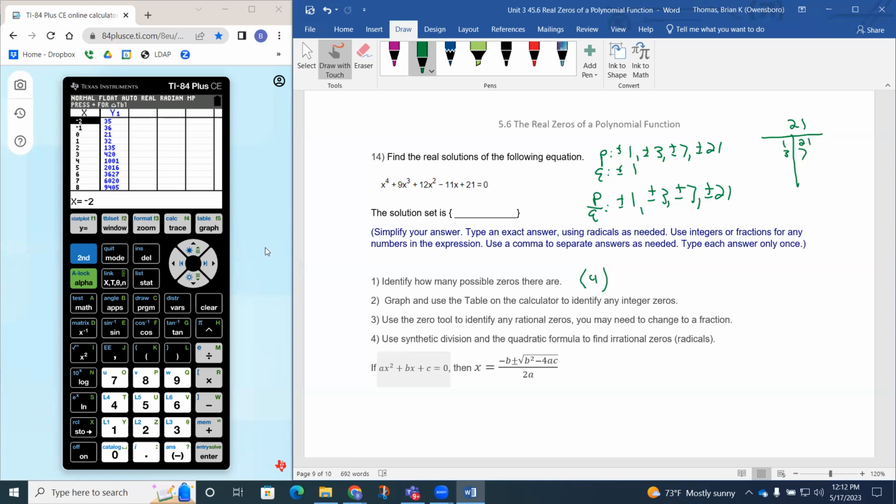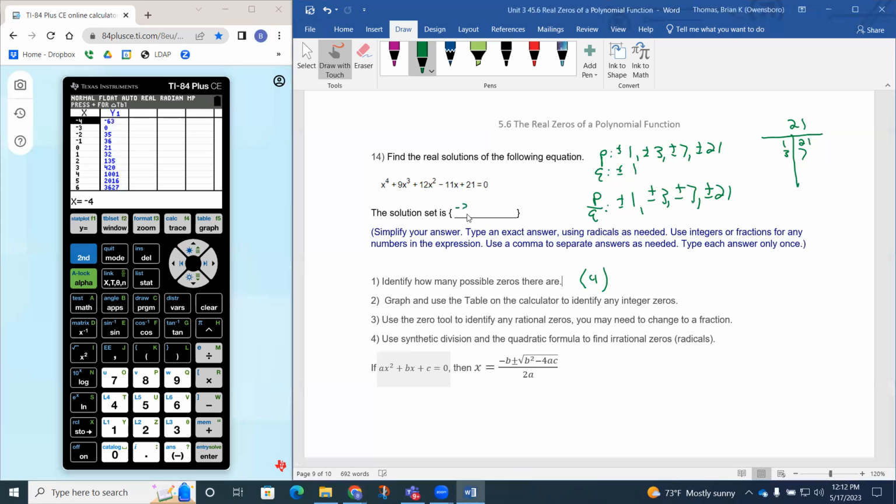So if we go to 1, we don't see any zeros there. What about 7? I don't see anything there. Go out to 21. Nothing. Let's go the other direction. Oops, -3 is a 0.